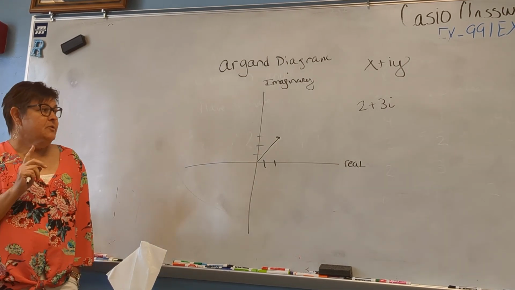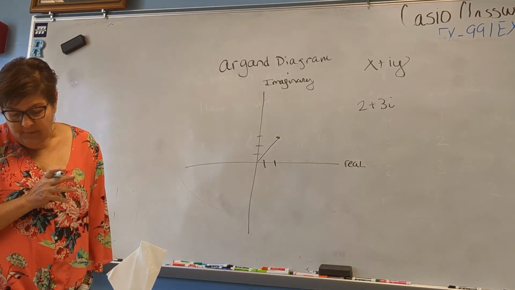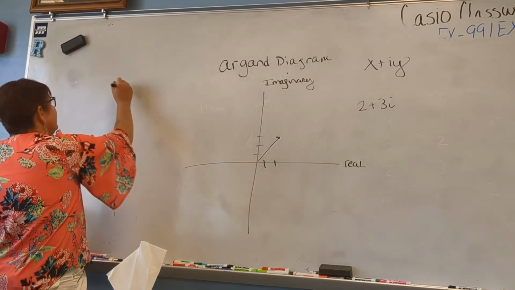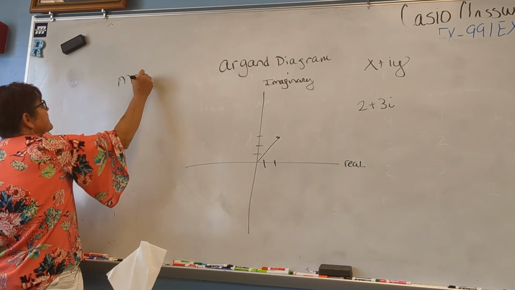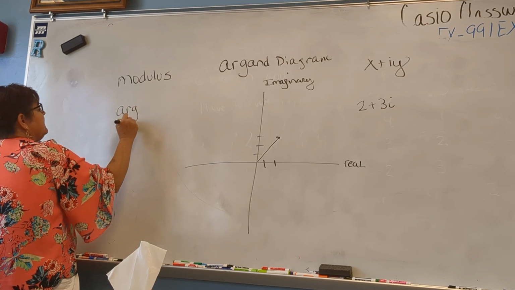The two things that we can do with an Argand diagram is we can figure out the modulus, and we're going to be able to find the argument.